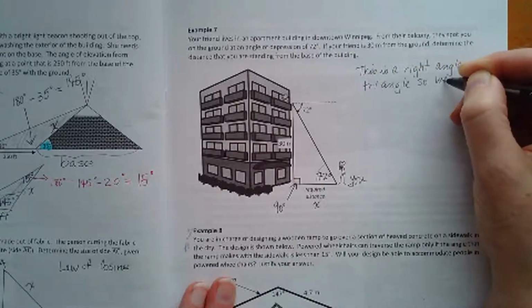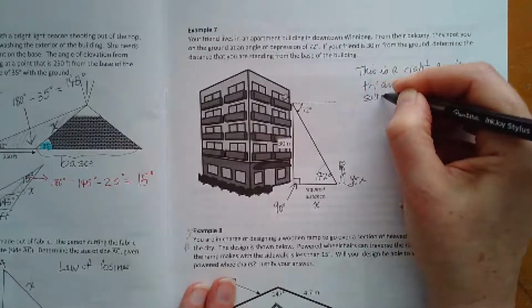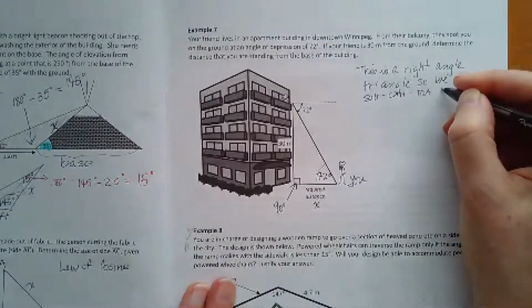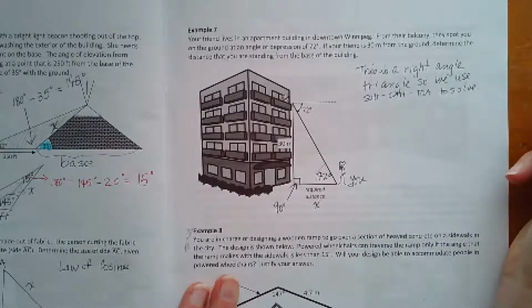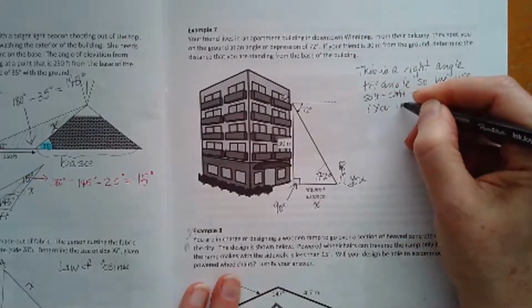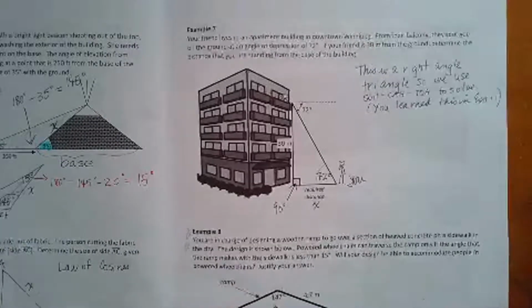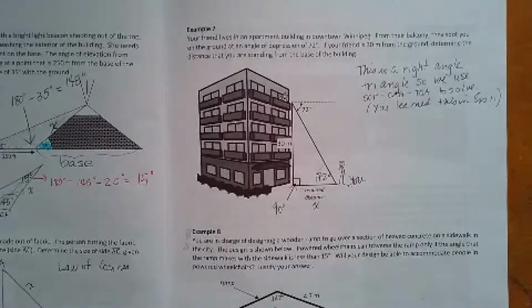So we use SOHCAHTOA, to solve what you learned in grade 11, or essential 30S. Okay, so make sure you're in degrees, not radians.